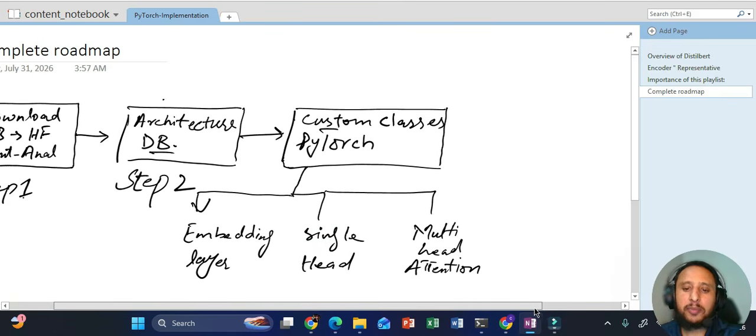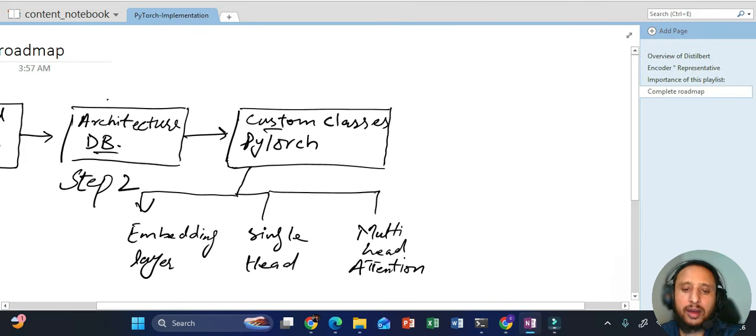That is a very important technique in the architecture. Then in the next phase we are going to develop a complete transformer block.